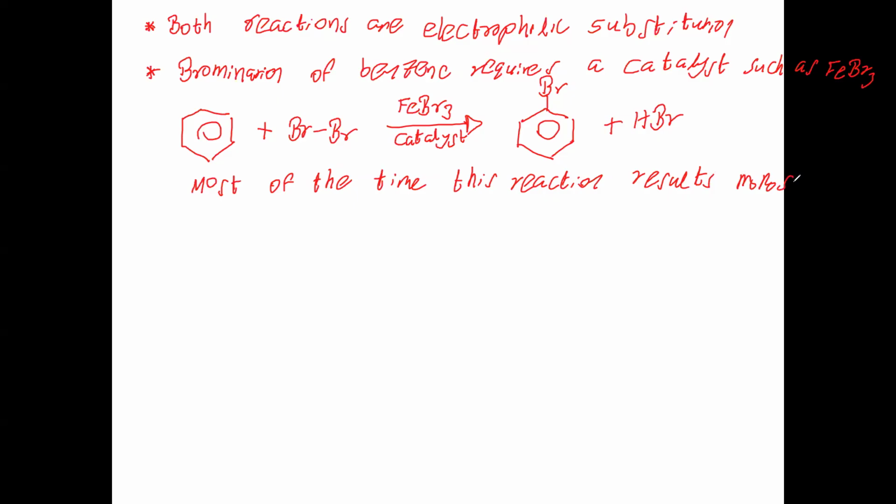Monosubstitution means only one bromine atom will get attached to the benzene ring. So that's what you call monosubstitution.